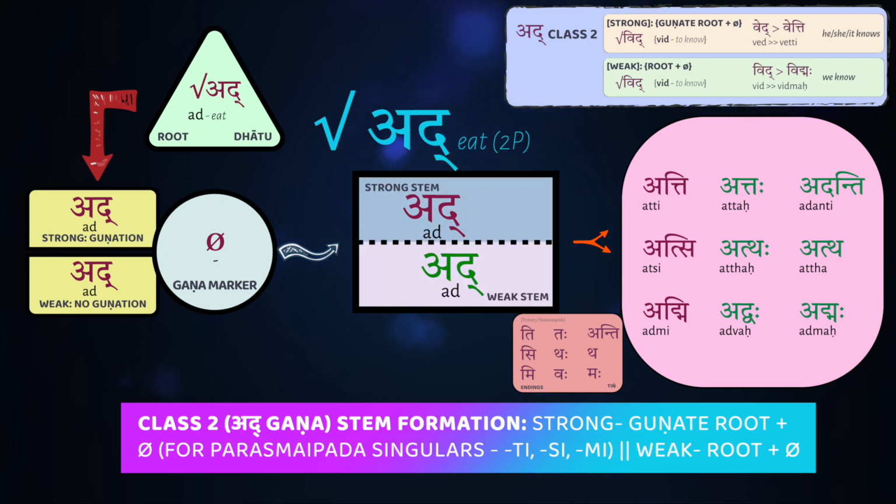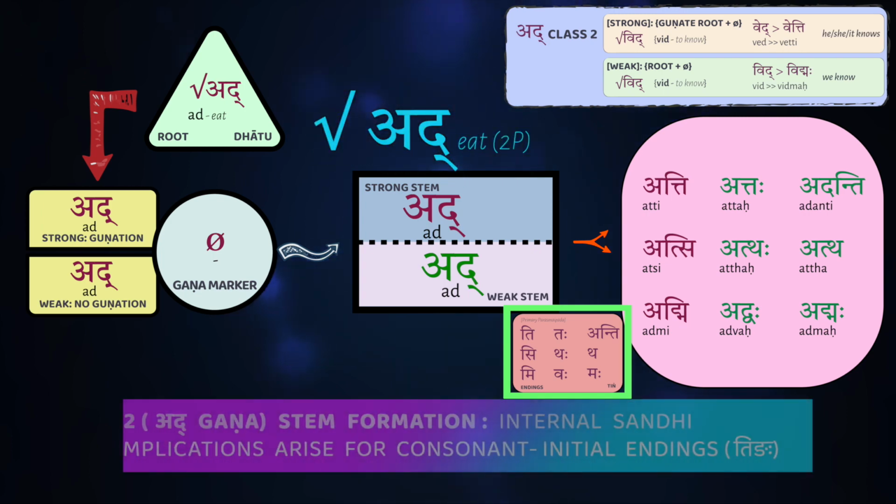Where it gets tricky is the next step that we're going to encounter, which is when we add the endings to our strong or weak stem in order to conjugate the verb in the present tense, the lat. If we take a look at our paradigms, what you'll notice is that there are a whole lot of endings that start with consonants. And these verb roots are often going to end with consonants. And guess what?